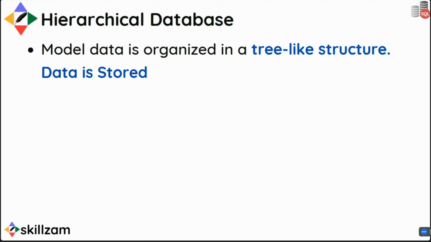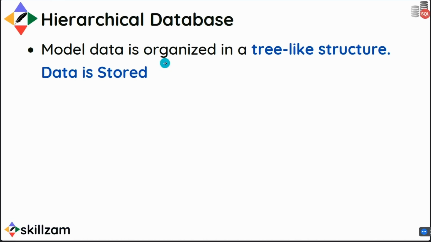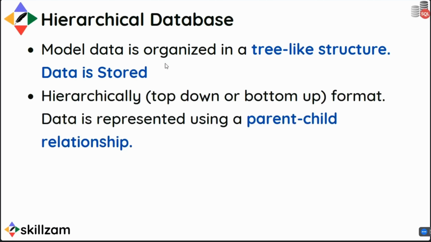As the name suggests, hierarchical database, it is basically a tree like structure, hierarchy. So there is certain top node, then there are a couple of nodes, and those nodes contain again multiple nodes, and this is nothing but the hierarchical representation of a database. Now, in this hierarchical representation, either you go top to bottom or bottom up format, that is up to you.